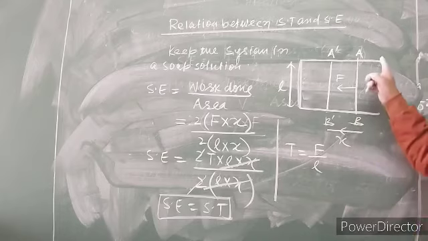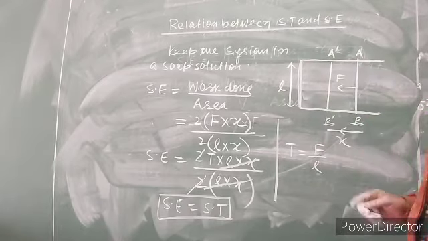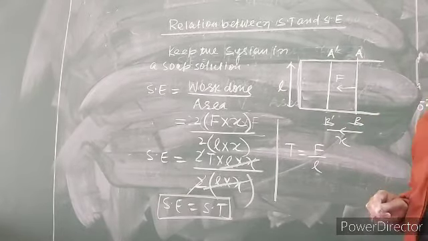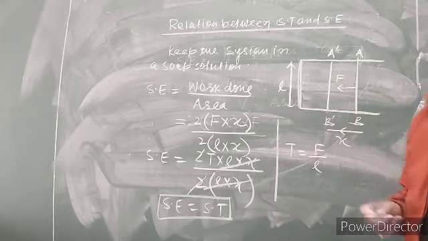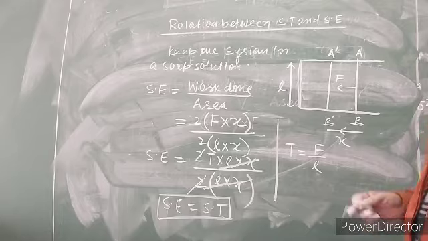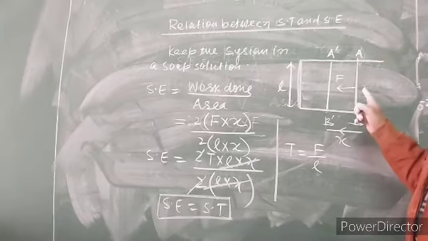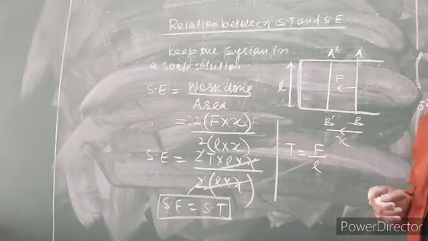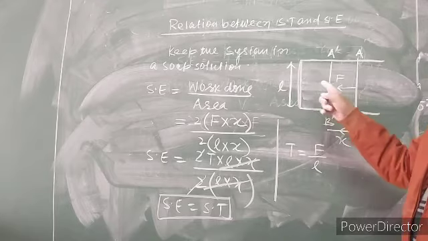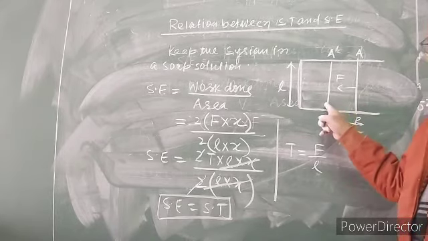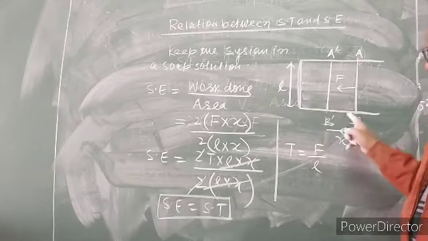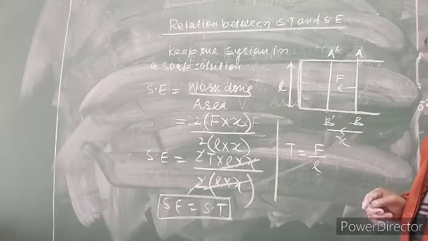Once more, this is the rectangular frame kept in a soap solution. When we keep it in the soap solution, double layers are created in between the frame. Due to this, the upper layer always minimizes the area. That's why a force acts and this wire comes to this position. Due to this displacement, work will be done.